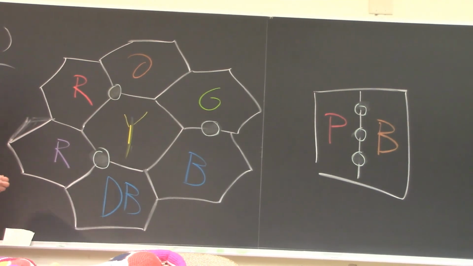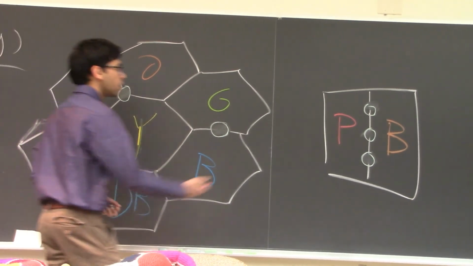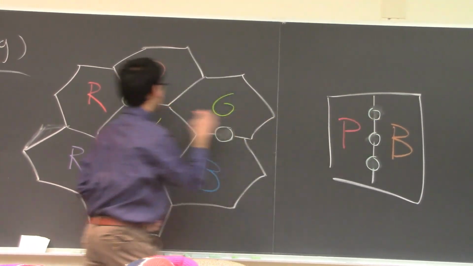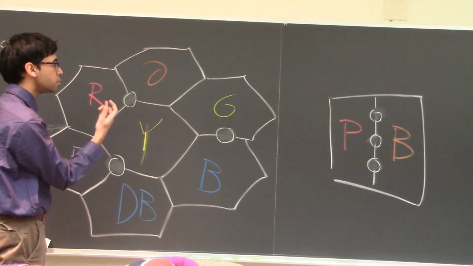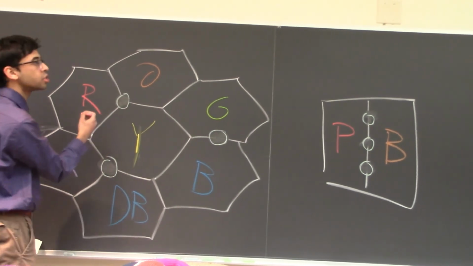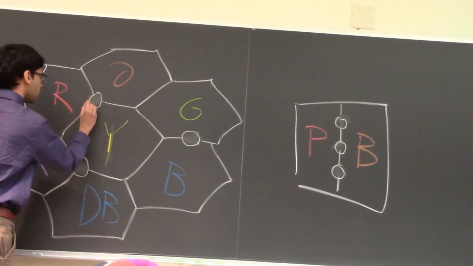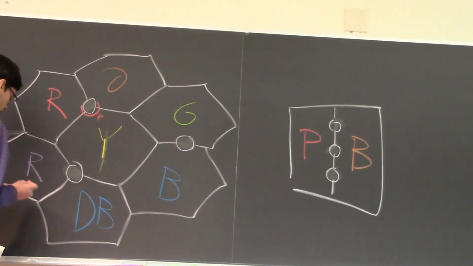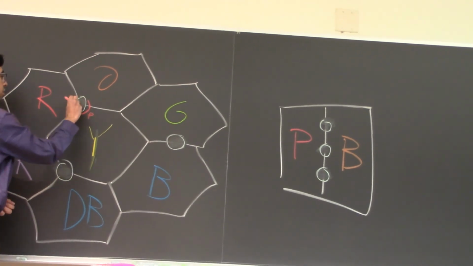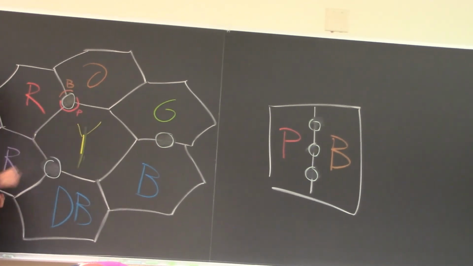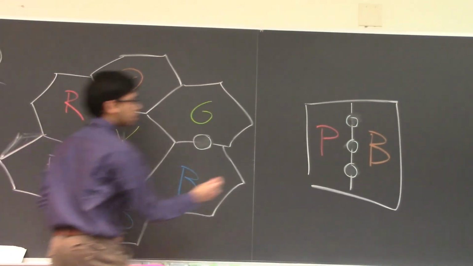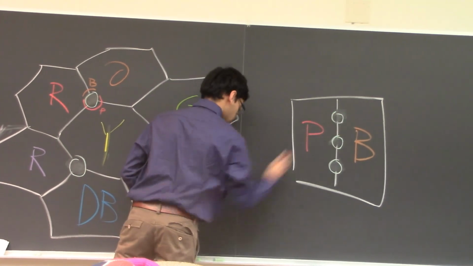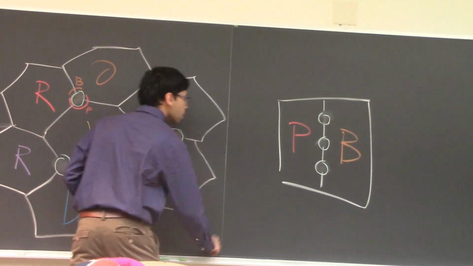Then we are going to connect this first circle with this circle, but we're going to have the pink touch here. So pink touches here, and then brown touches these two.